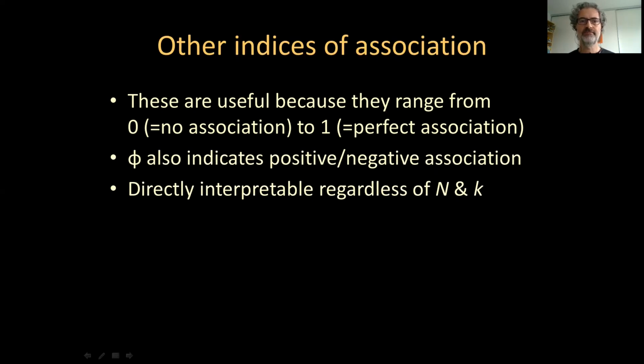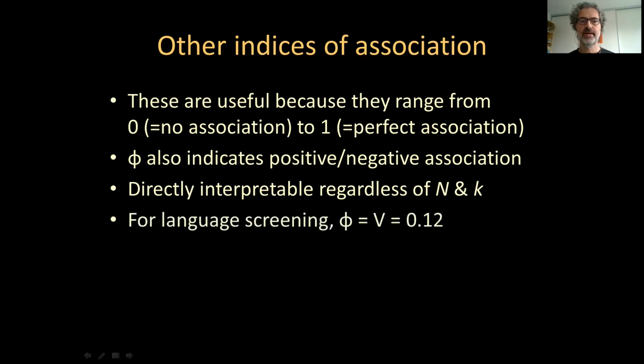Let us look at the values of these indices for our two examples. For the language screening example, phi equals V equals 0.12. So the two variables, teacher checklist and clinical evaluation of language development, are only associated to a very low level of 0.12.